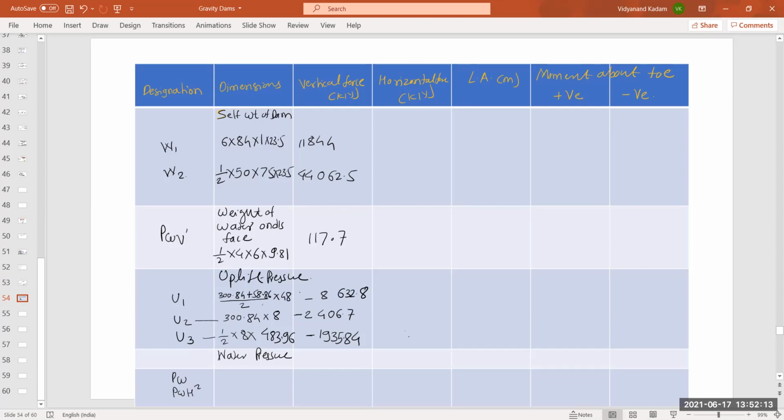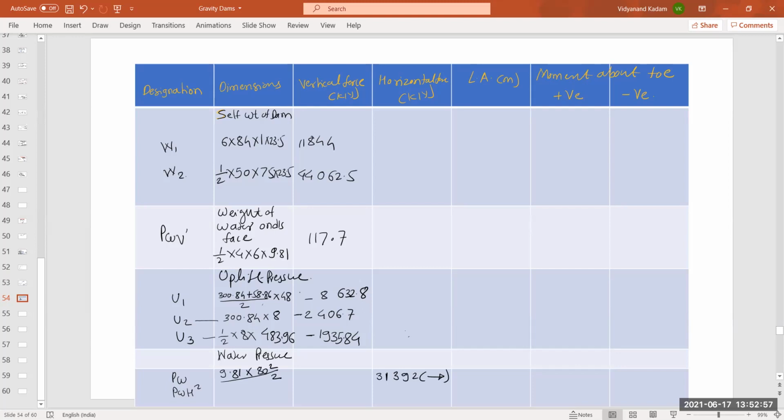Okay, and now we have to calculate the horizontal water pressure, PW. We know that PW is given by W H square by 2. So here W is 9.81 into H is 80 square by 2. And by solving this, we get the horizontal water pressure component. It is a horizontal force, so write this in the next column: 31392.